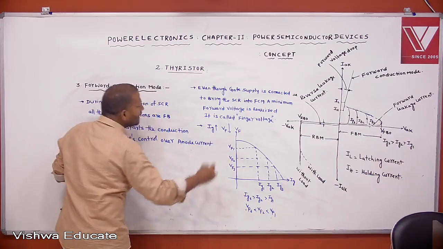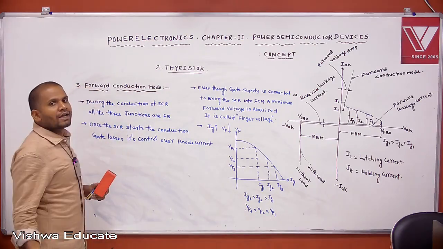That means by varying the gate current, we cannot control the anode current.